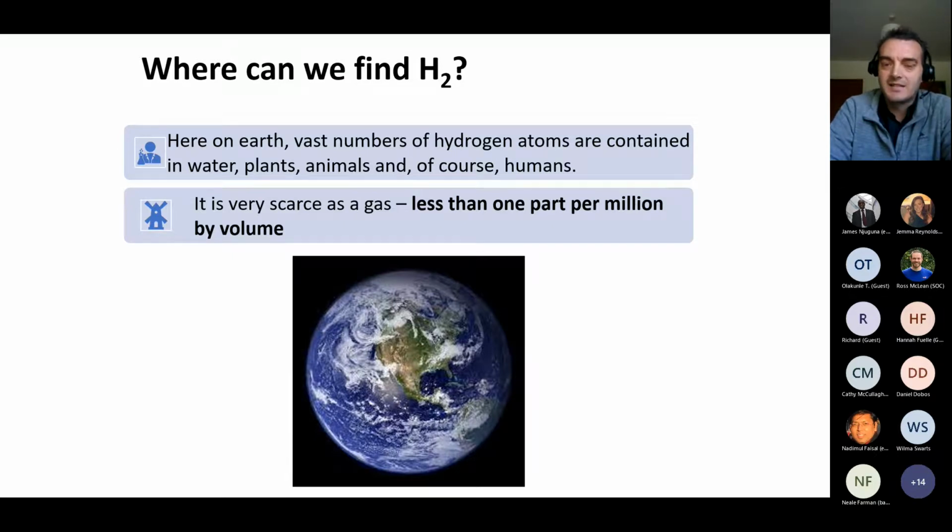But as a gas, it's very scarce. As I put in there, it's less than 1 part per million by volume, which is quite interesting. That's the reason why we need to try to produce hydrogen.